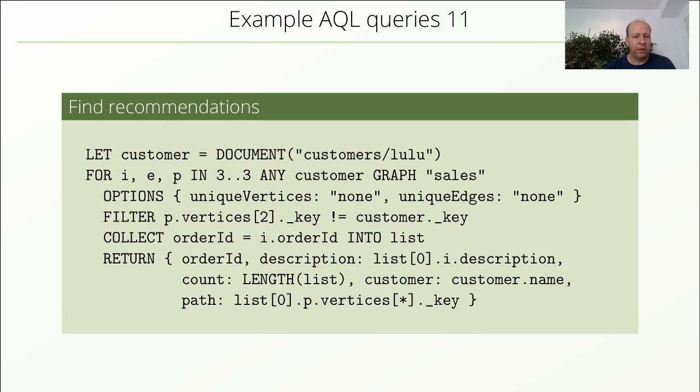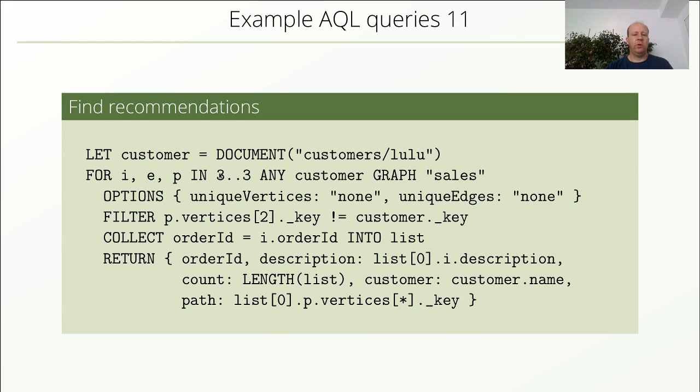And how is this done? Well, this is now a graph query of depth 3. Since we model the sales with an edge from a customer to a thing, this is now going in any direction from customer to thing, back to customer, forward to another thing. And this is done in this way. In this syntax here, I do a graph traversal starting from my customer, this time customer Lulu, in the sales graph.